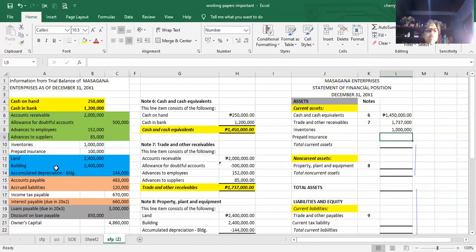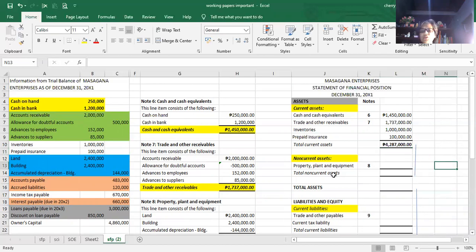How about prepaid? Prepaid is 100,000. So you're going to sum it up. Let's add ciphers for proper presentation. Then sum it up. So you get 4,287,000. It's easy, right?